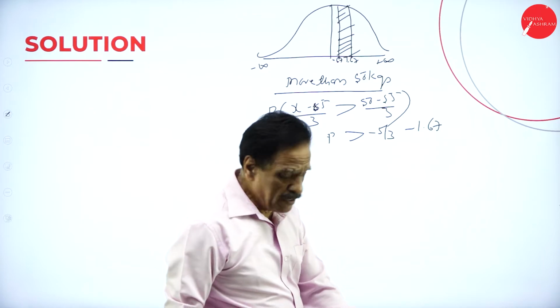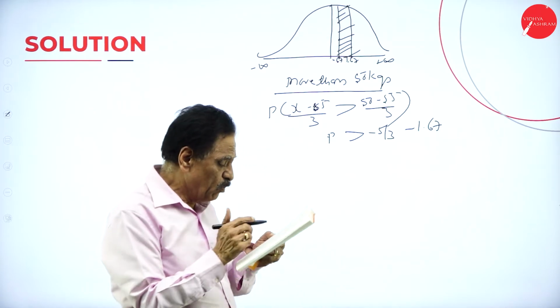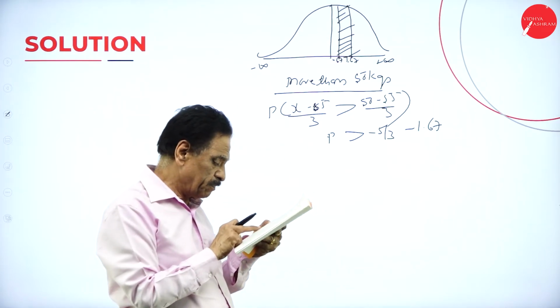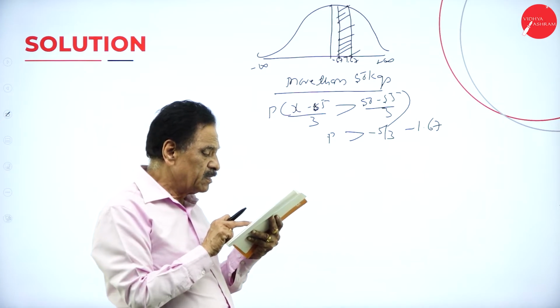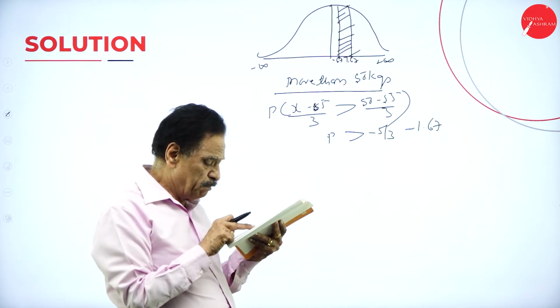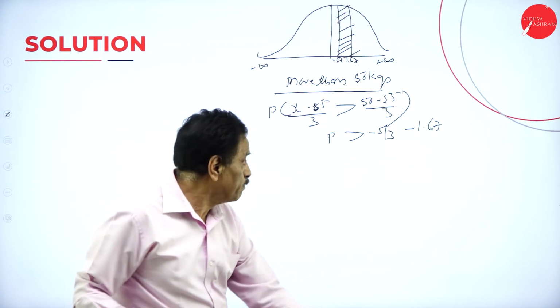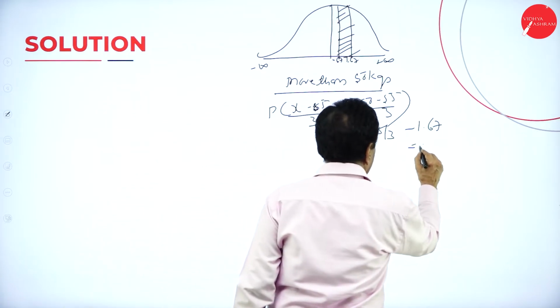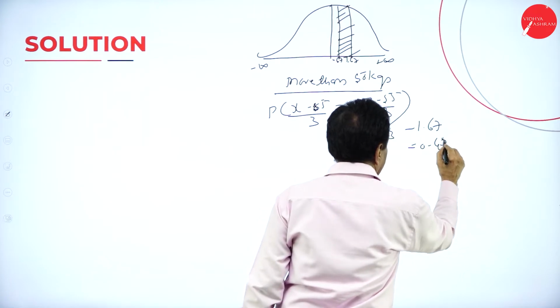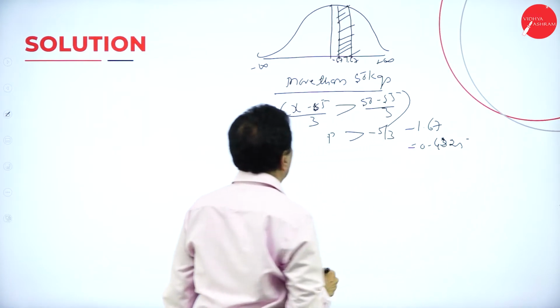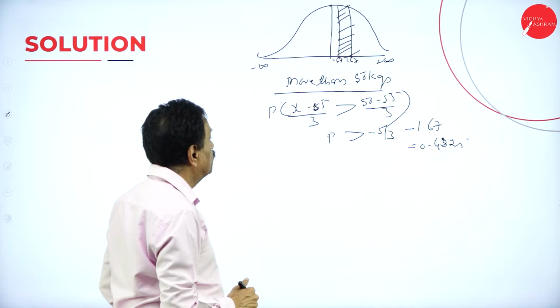So 1.67 you already know, 0.4325. It is more than.